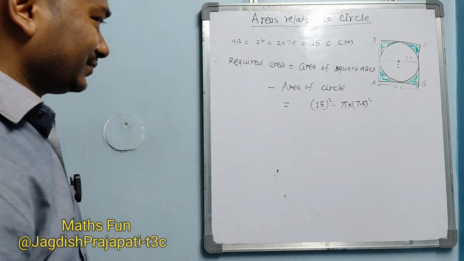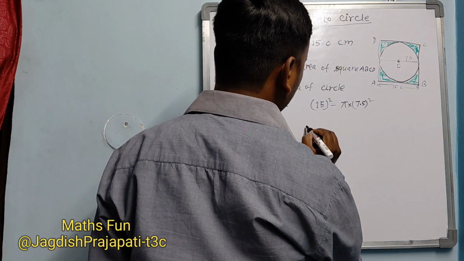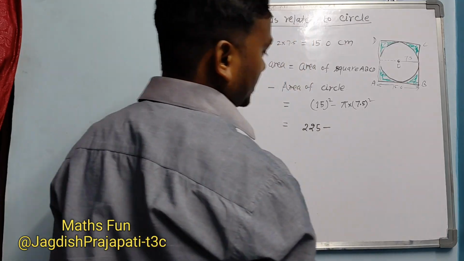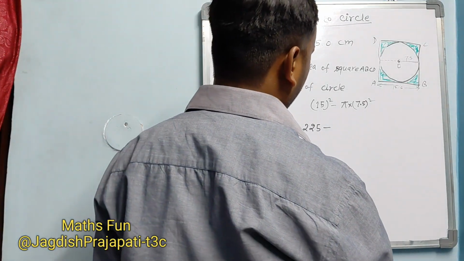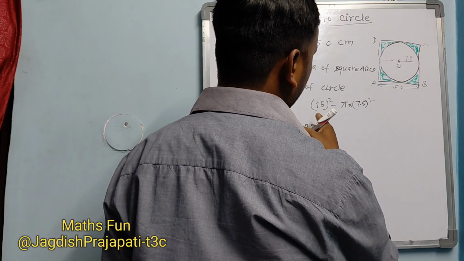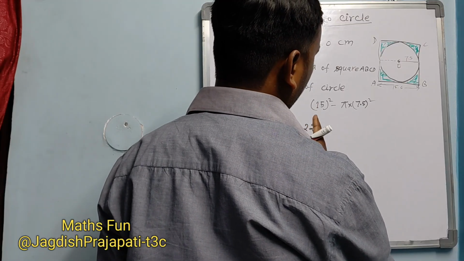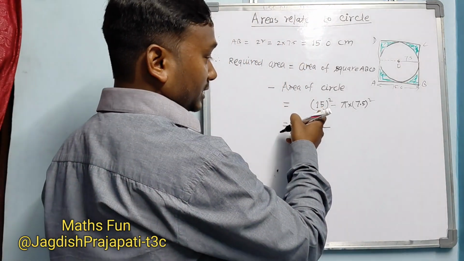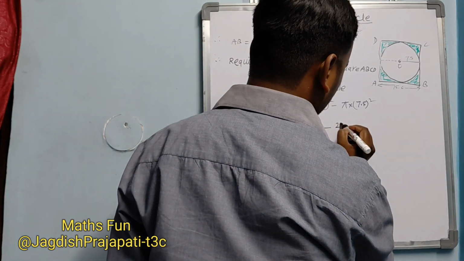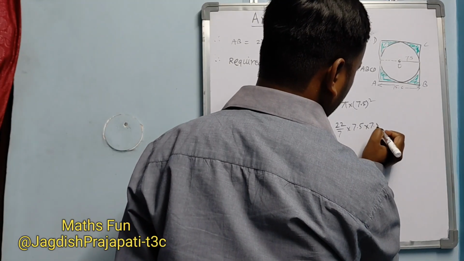Okay, so this will be 225 minus... 5 5s are 25, 5 1s are 5, 5 2s are 10, 2 12, 1 1s are 1 and 1, 2. So the square of 15 will be 225. Use here 22 by 7, 7.5 into 7.5.